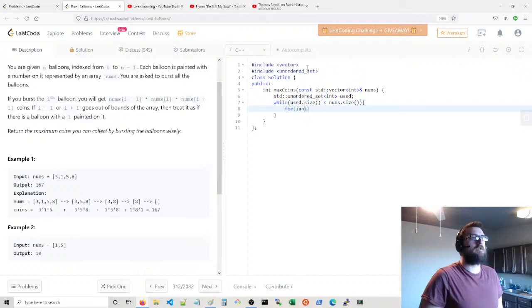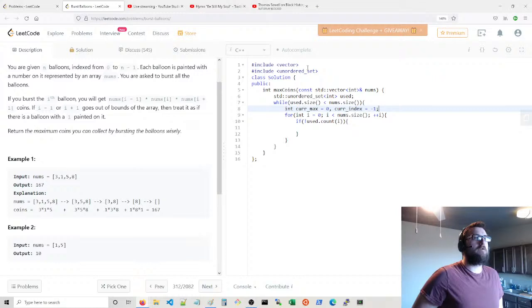We can say for int i equals 0, i is less than nums.size. If used.count of i is zero, if not, then we can say current max, some value, and then max index, current index, start with a -1.